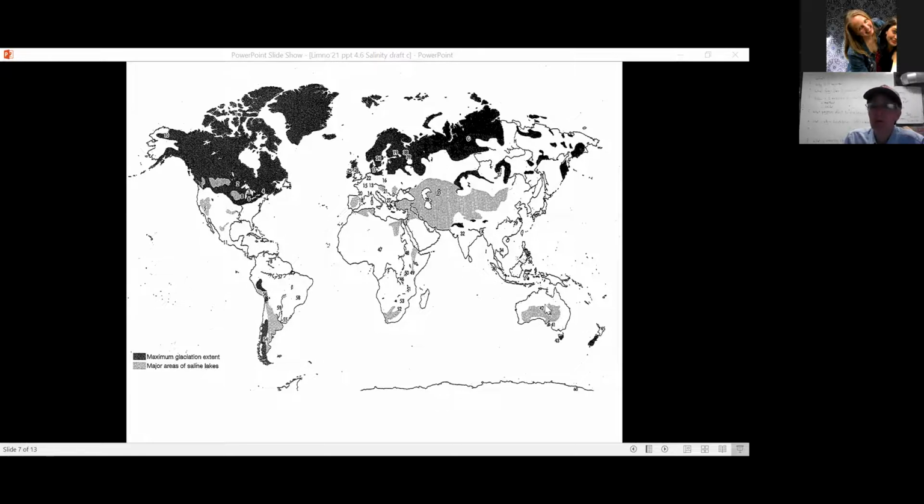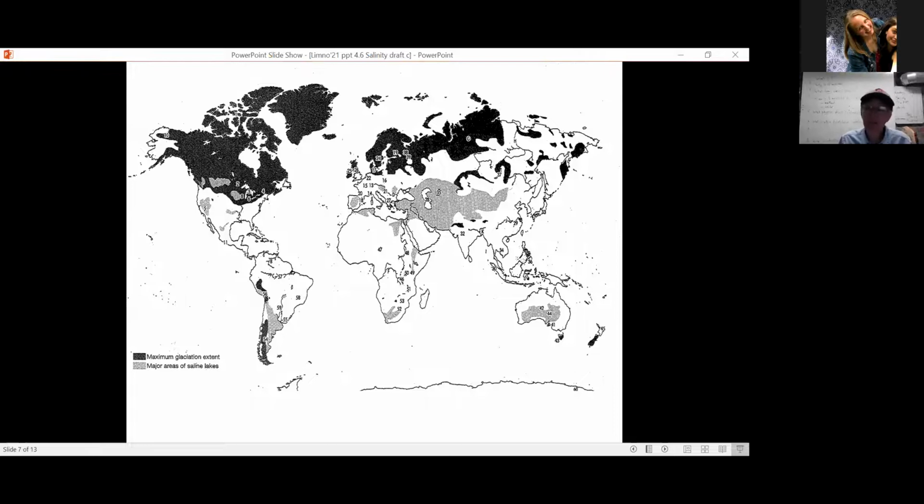And you may not be aware that the large central area of Australia is desert, very dry grassland, and there are a lot of saline lakes there. So here are the areas in the world that have a lot of saline lakes. And in North America, not such big areas, but areas that we know and care about.